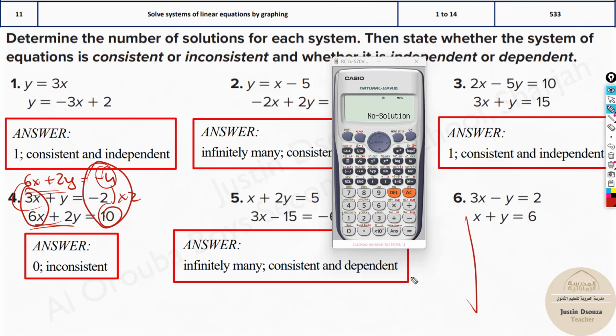This means they have the same slope. They're parallel lines. They will be starting at different y-intercepts. That is the reason they are parallel lines. They'll never touch each other. Therefore, it's just inconsistent, no solution. That is how we solve these problems.